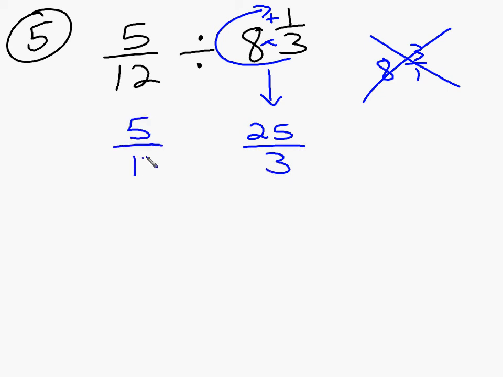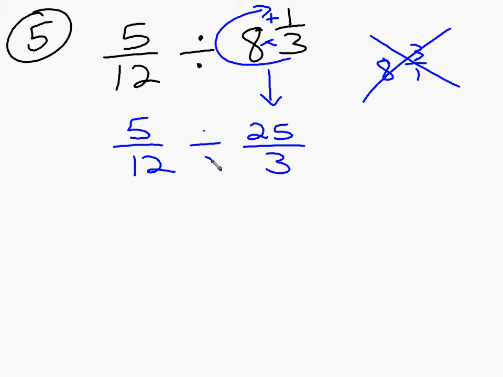Let's rewrite the entire problem, the entire division problem. And I want you to do that in your steps, because if you don't, you'll make some mistakes. I've seen it before. So now what we have is 5/12 divided by 25 over 3.